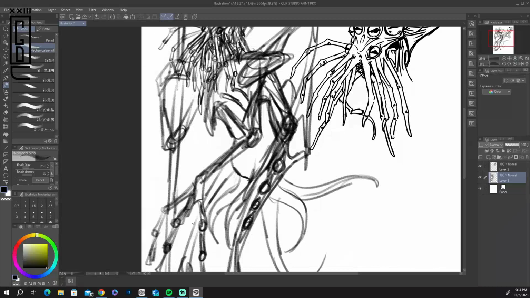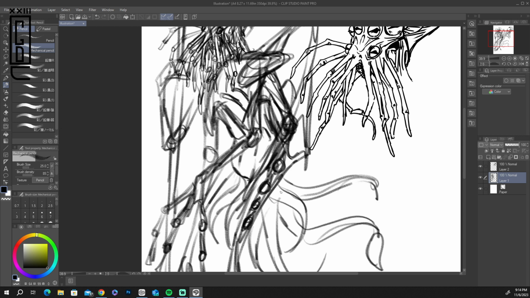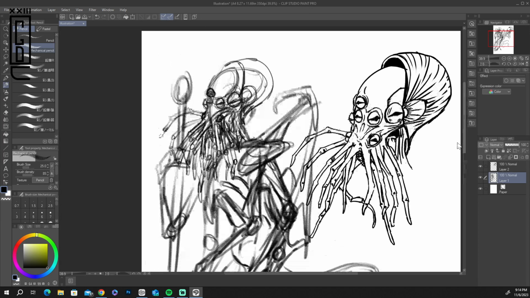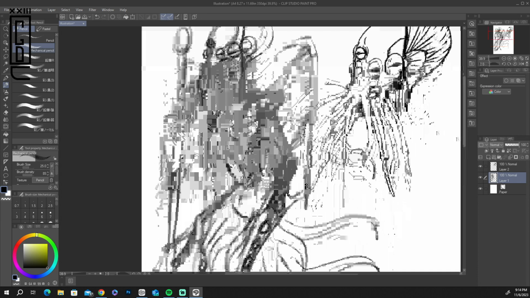Instead of him having legs or something, it is an extra part of his body. And something like that. So this could be an idea of a Cthulhian.